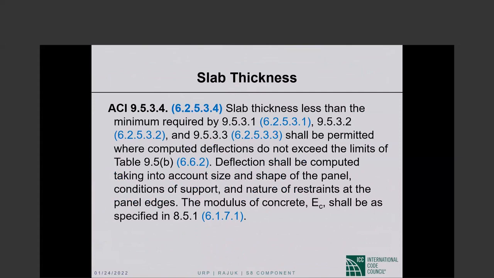Deflection shall be computed taking into account size and shape of the panel, conditions of support, nature of restraints at the panel edges, modulus of elasticity, etc. So you can provide the minimum thickness as in the case of beams, or you can calculate deflections and show that the calculated deflections are within tolerable limits. There are short-term deflections and long-term deflections, as in the case of beams. The same long-term deflection multiplier applies.